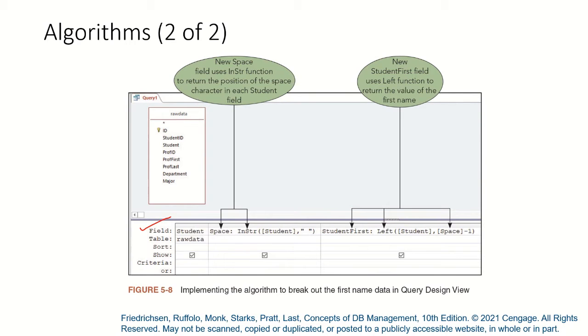The third column uses the built-in Access function Left to extract a number of characters from the left side of the student field. The second argument of the Left function identifies the number of characters to extract from the student field and is set at space minus 1, which precisely identifies the length of the first name for each student in each record.